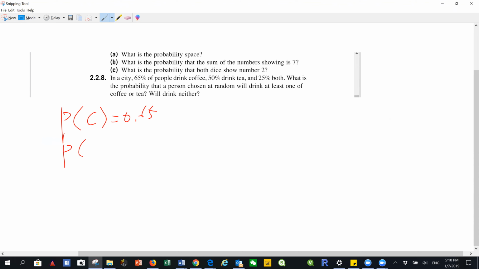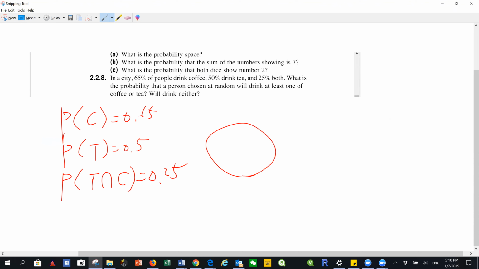Probability for tea, 0.5. Probability for tea and coffee both, 0.25.